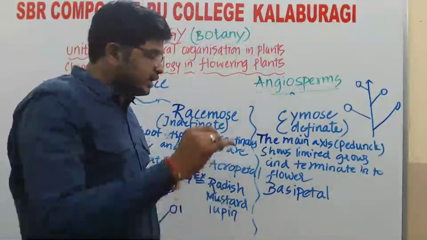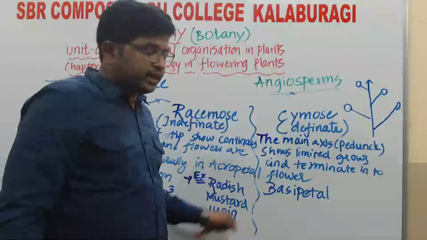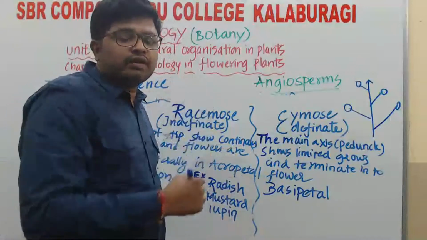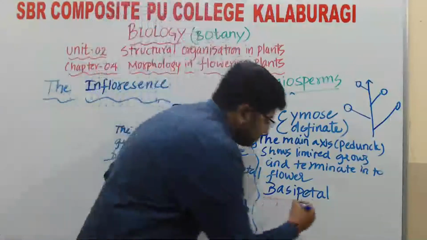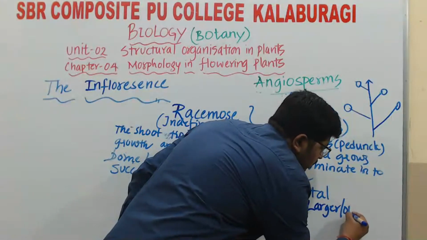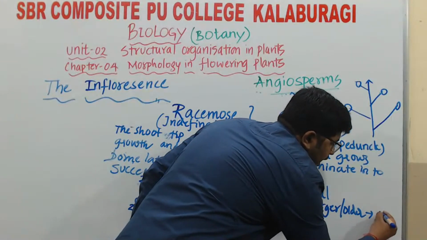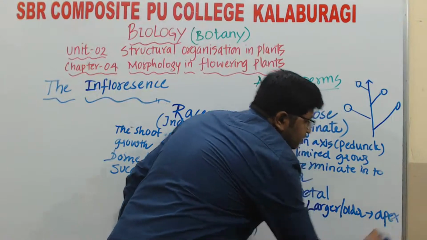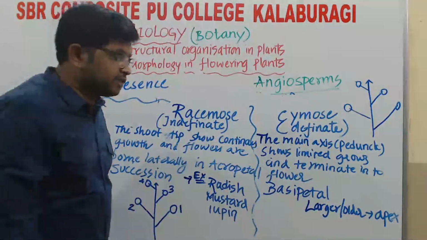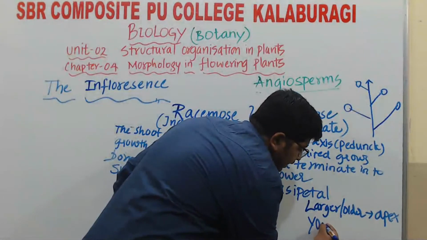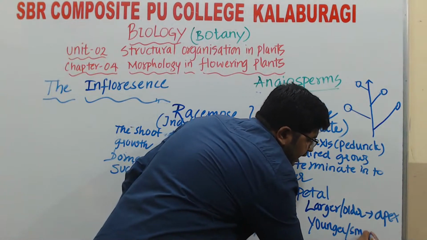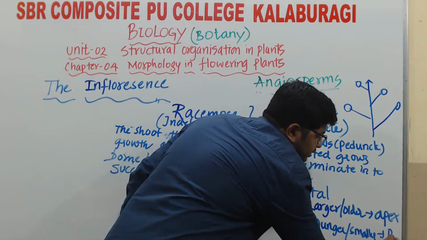Basipetal is the arrangement of flowers in which the larger or older flower is at the apex, and the younger, smaller flowers are at the base.